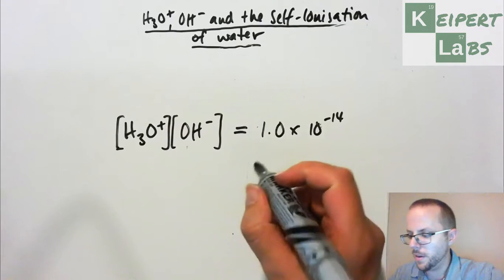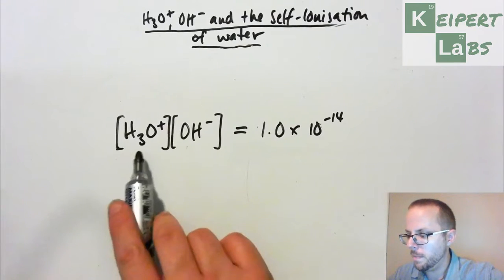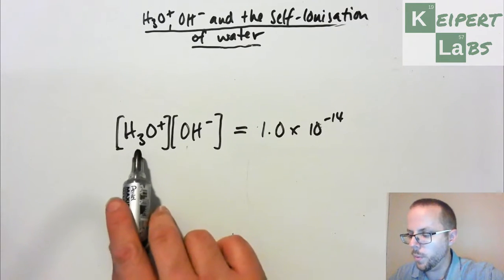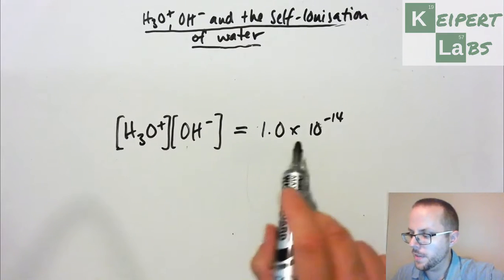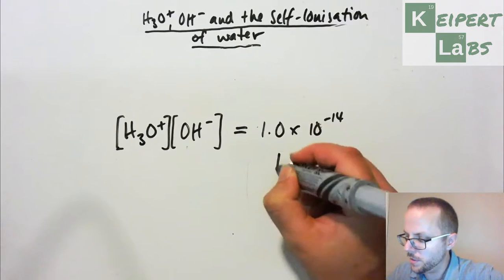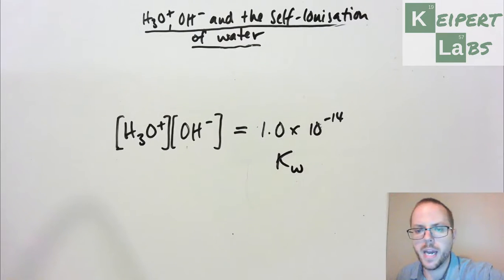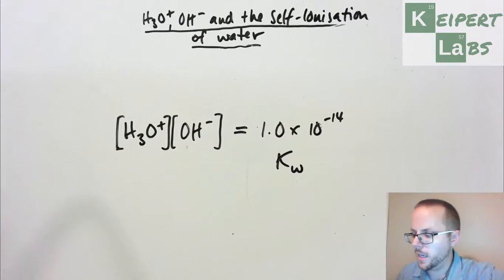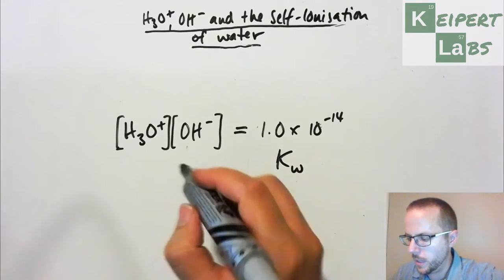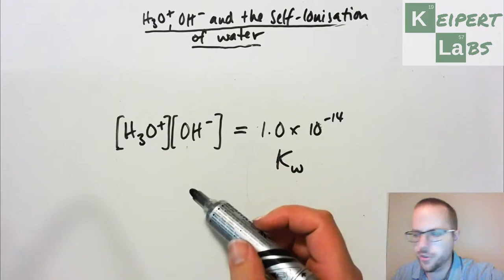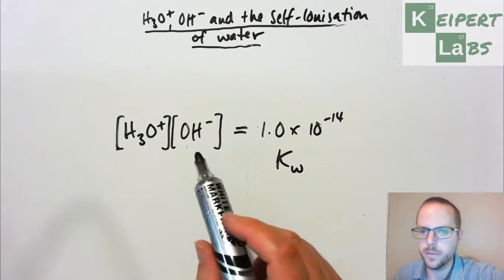And so no matter what I plug in here, whatever I measure of the hydroxide, and I multiply those two things together, I get this value. And we give this constant a name. We give it capital K with a little w. We saw before that we had an equilibrium between hydronium and hydroxide and then water molecules.